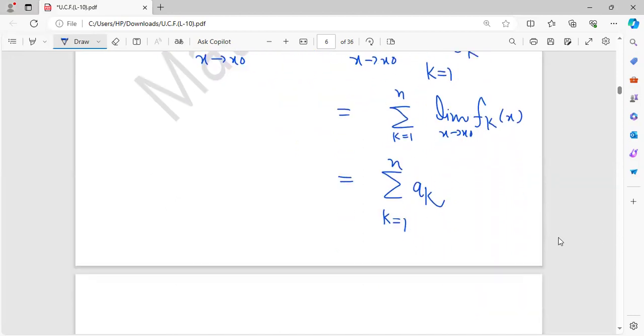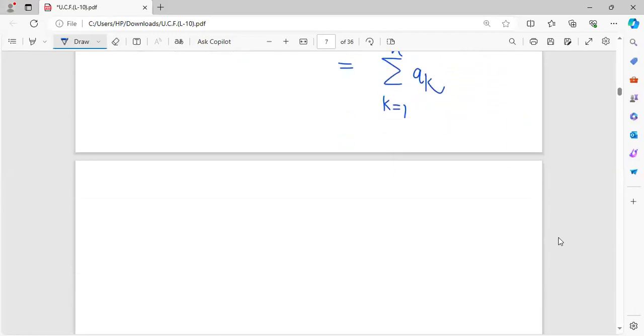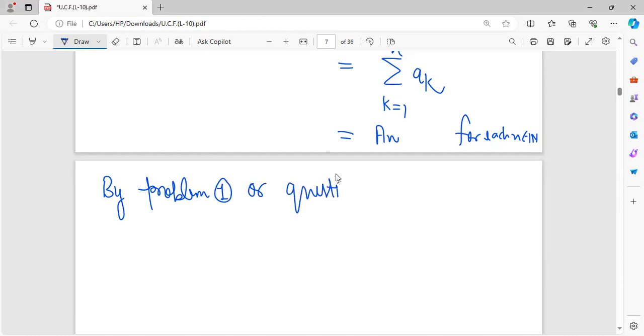So by question number 1, let's say it capital An for each n belongs to N. By question 1, we have that An converges.